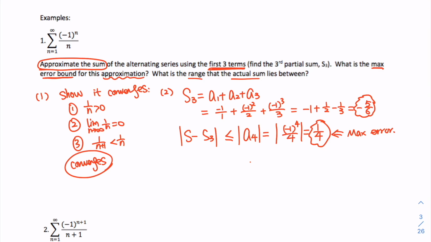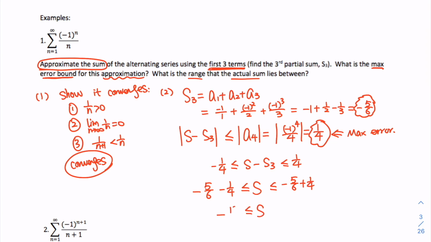From here, we can solve this inequality. The real sum will be between -5/6 minus 1/4 and -5/6 plus 1/4. So it's between -13/12 and -7/12. Even if we cannot find the real sum, we can approximate the interval. We have a better idea where the real sum lies between those 2 numbers.